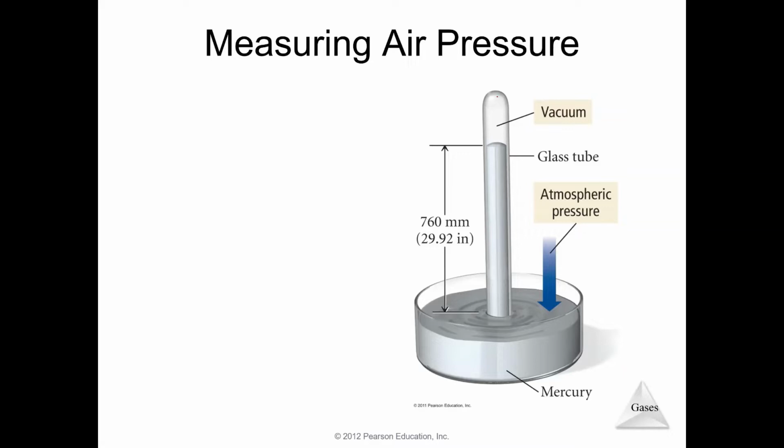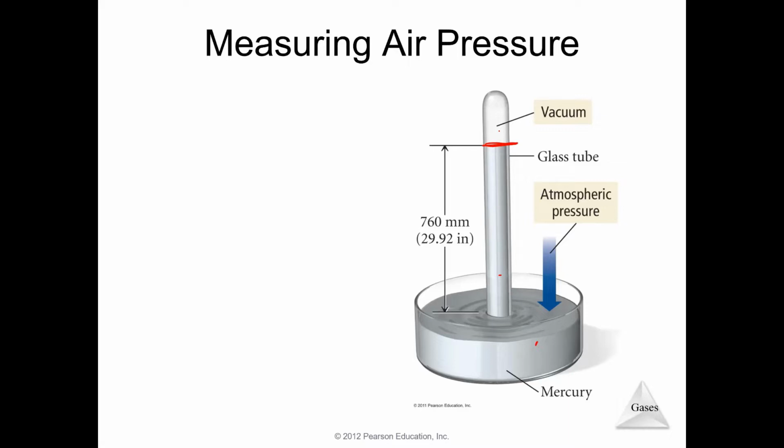And they filled up this container all the way to the top with what? Mercury. And this mercury was inverted into this mercury dish. This is mercury here. And then as they inverted it, some mercury dropped to this level. Now this experiment was carried out initially at sea level.